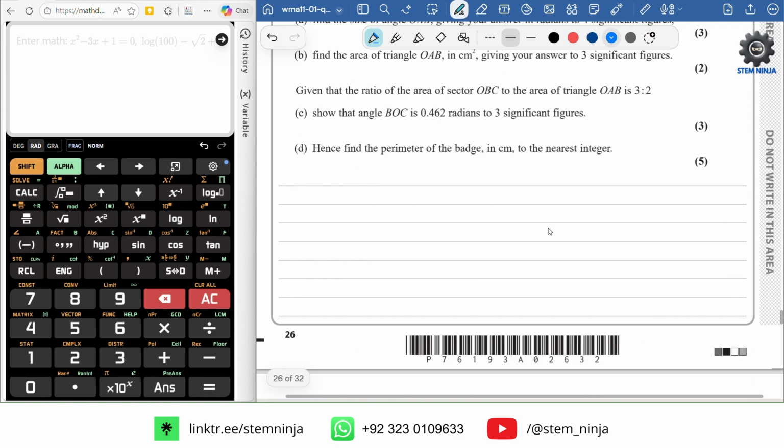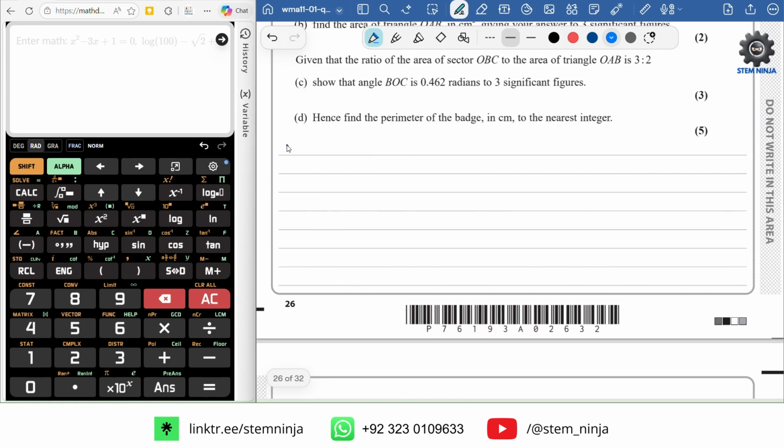So using the sine rule, we have sine of angle OAB divided by 3.4 equals sine of pi by 6 divided by 1.9.